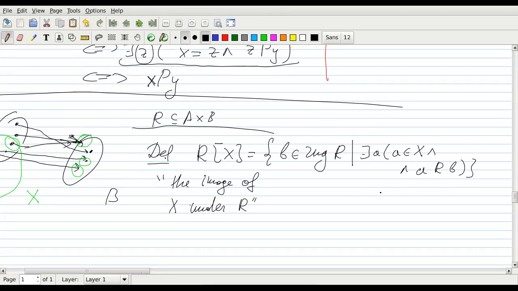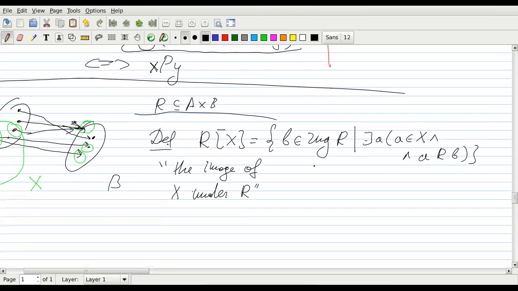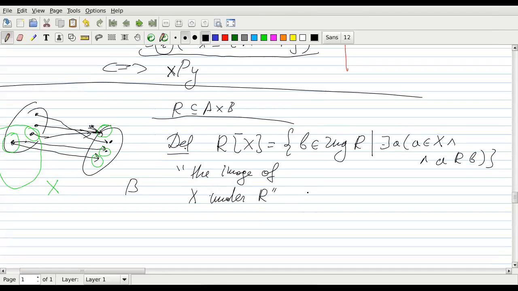So these are just the endings of arrows which begin in X. Is it clear? X is a set. Of course, everything is a set.